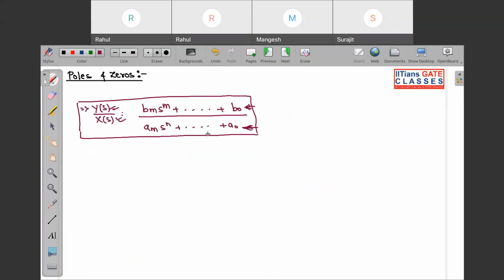So poles are basically what you get when you equate the coefficients of your output to 0, to get the roots of this polynomial equation.